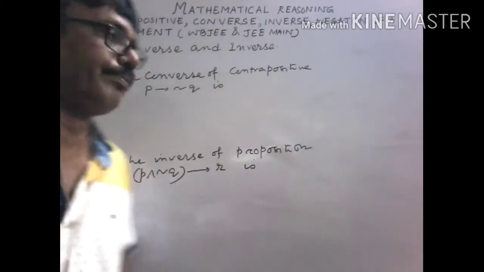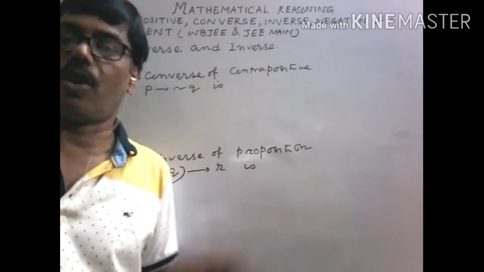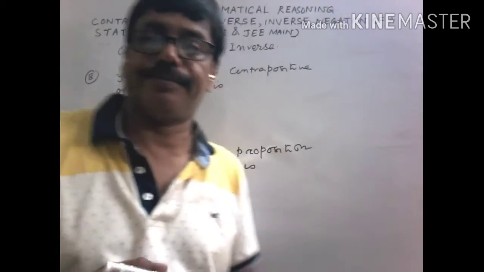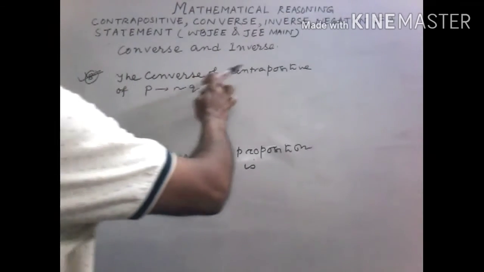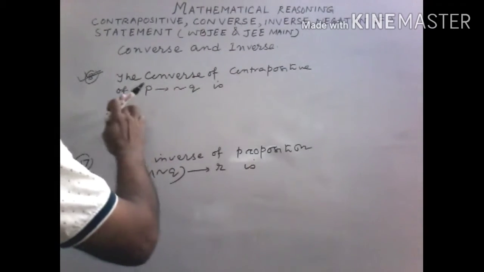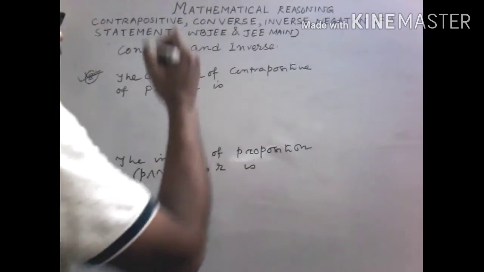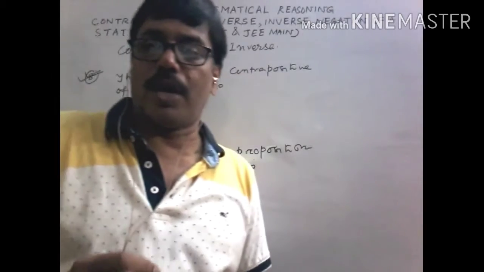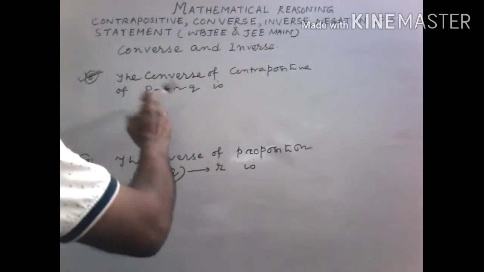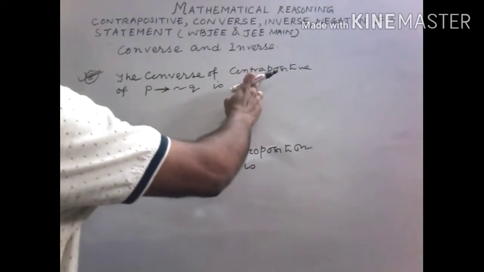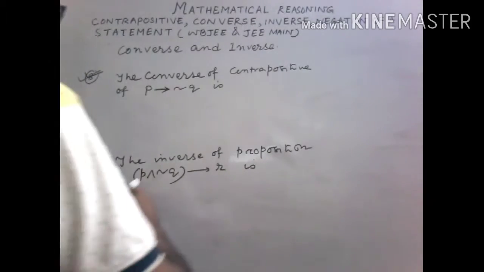Now we consider converse and inverse of statement. So look, problem number 1. The converse of contrapositive conditional statement P arrow negation Q is. So first we have to find contrapositive of the statement, then we have to take converse.